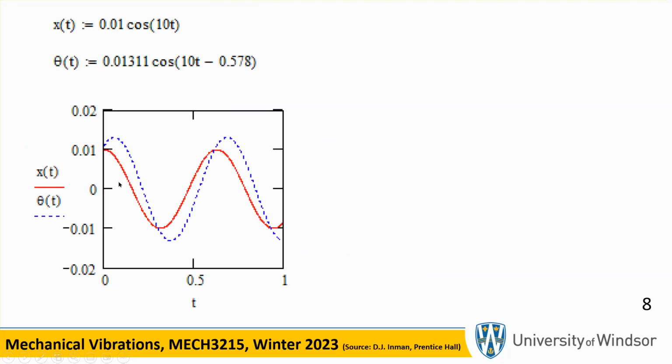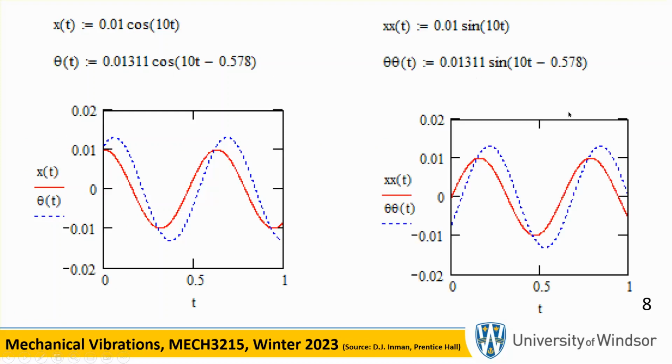I've plotted this. This is a solution. I've also done the same thing, except that I pretended that this thing was cosine, this was sine instead of cosine. So the solution, look, it's exactly the same thing, except it's shifted.